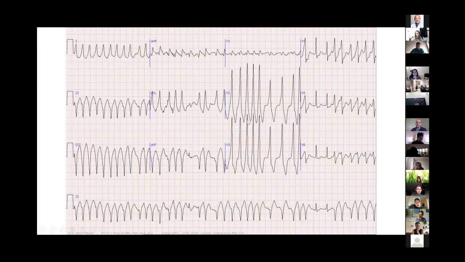And is there a specific lead where you usually see delta waves better, or does it just depend? So the delta wave is always going to be seen best in the moment when there is full pre-excitation. What's happening when someone has an accessory pathway is that it's not binary, I'm either going through the accessory pathway or through the AV node. It's kind of like a ratio.